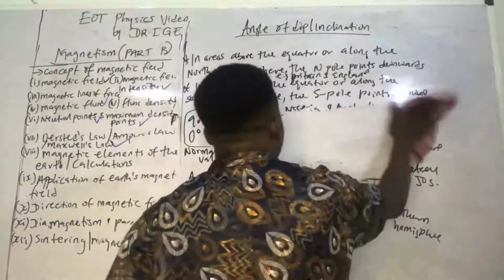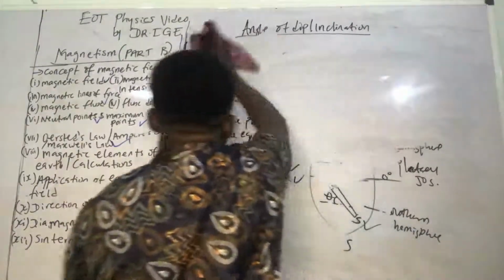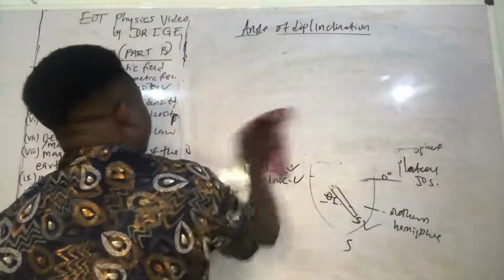So the next magnetic element, remember we listed 3 magnetic elements. We said one is the angle of inclination or angle of dip, which we just talked about.